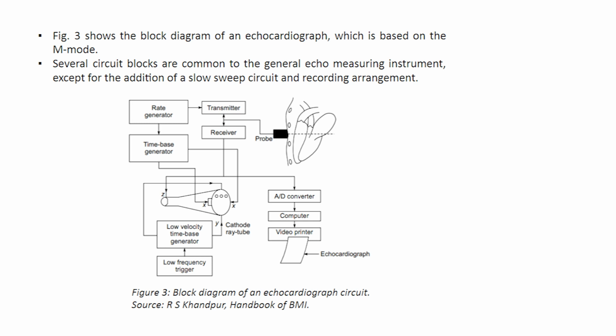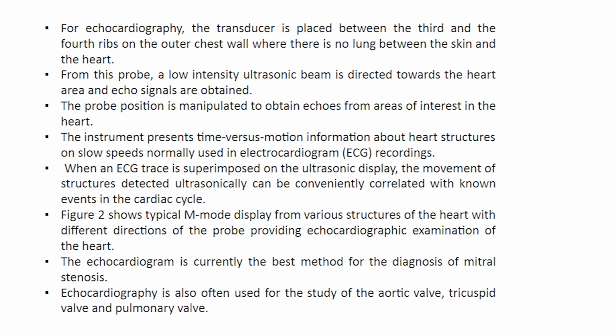Figure 3 shows the block diagram of an echocardiogram which is based on the M mode. Several circuit blocks are common to the general echo measuring instrument except for the addition of a slow sweep circuit and recording arrangement. For echocardiography, the transducer is placed between the third and the fourth ribs on the outer chest wall, where there is no lung between the skin and the heart.